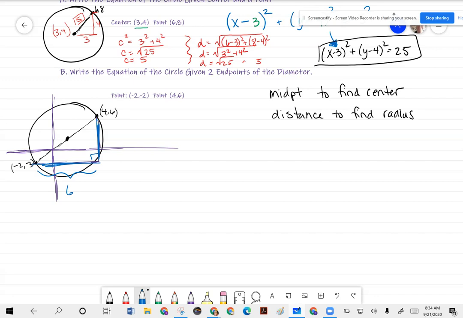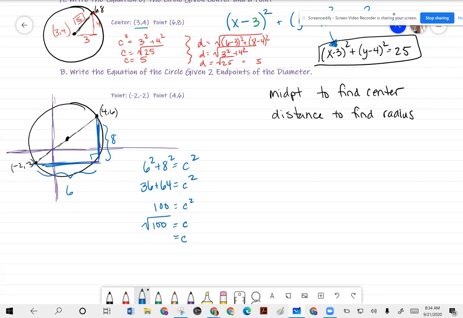Then vertically, from -2 all the way to 6, gives you 8. So we've got 6² + 8² = c², and 36 + 64 = c², so 100, and then we take the square root of that.